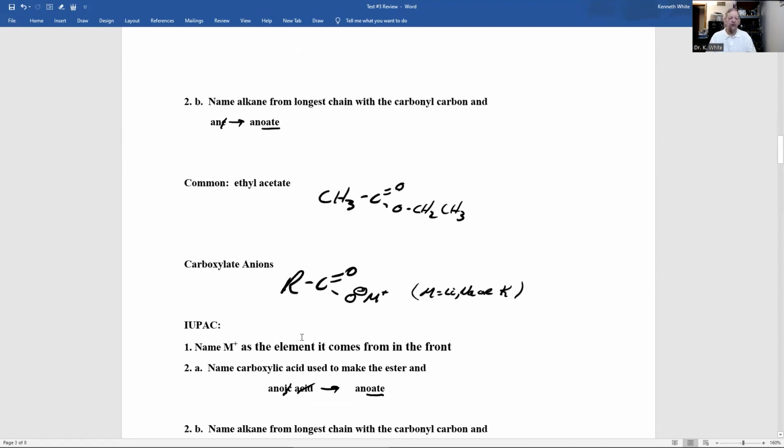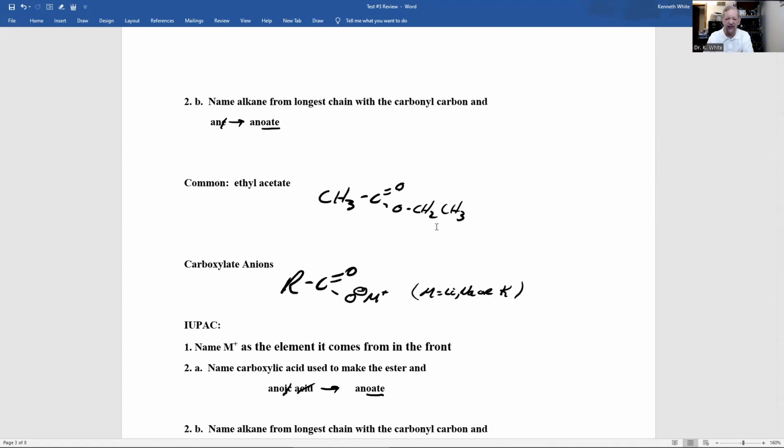Now, there's one common ester I would like you to learn, and that's the one right here. When R is a methyl, R prime is ethyl, the common name is ethyl acetate. Nobody calls that ethyl ethanoate, which would be the IUPAC.